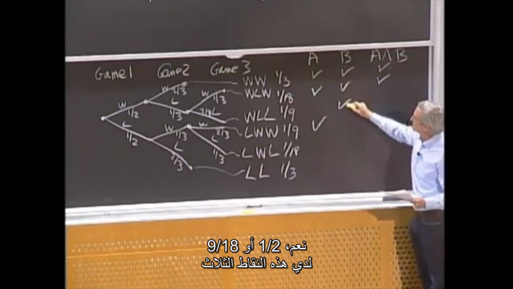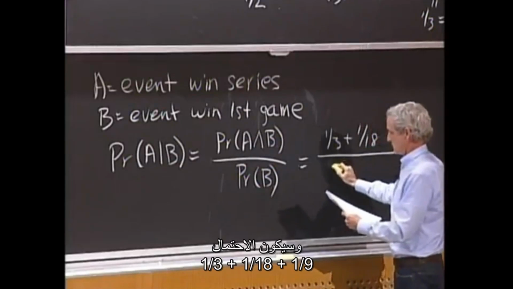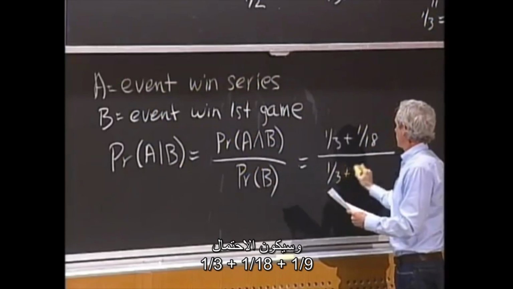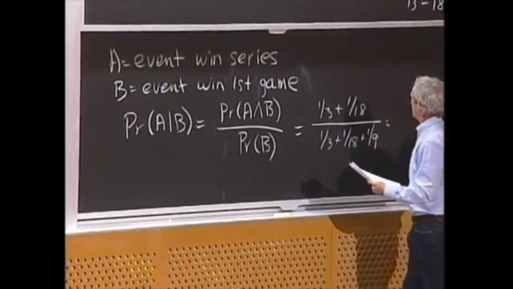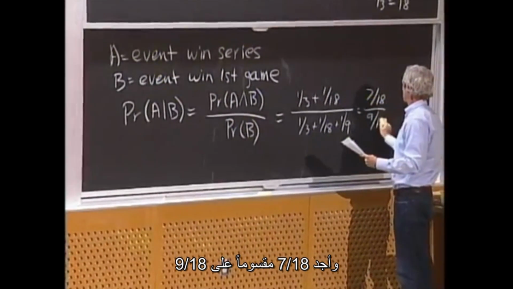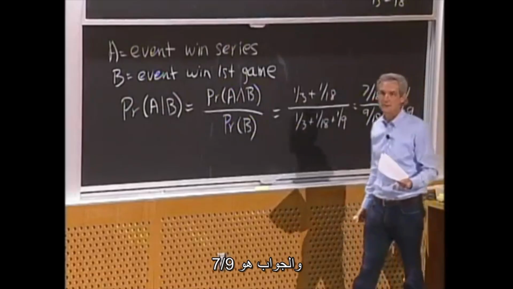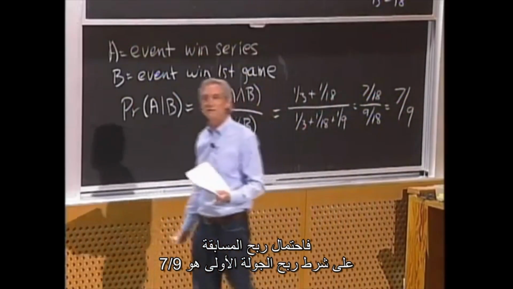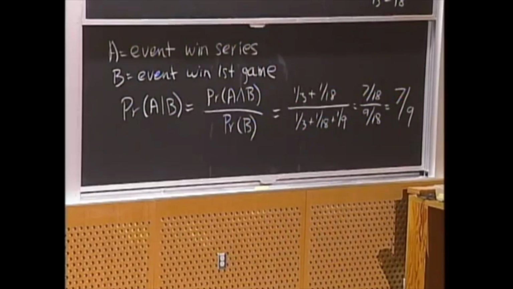I got these 3 points. So this will be 1/3 plus an 18th plus the extra one, a 9th. So I've got 7 18ths over 9 18ths, 7 9ths is the answer. So the probability we win the series given we won the first game is 7 9ths.